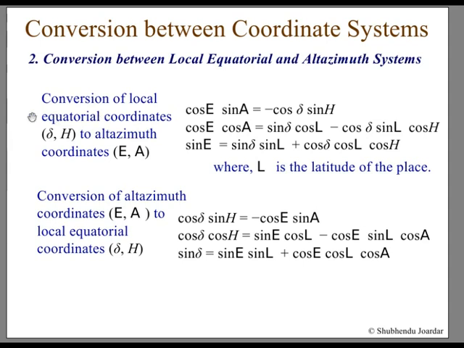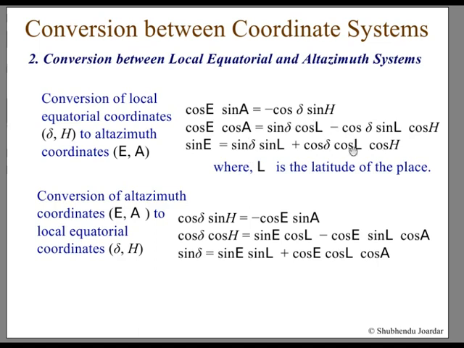This is for conversion of local equatorial coordinates delta and h to alt-azimuth coordinates. This is the azimuth and elevation coordinate system, or alt-azimuth. Here E stands for elevation, A is for azimuth, and these are related with the declination delta and the hour angle.